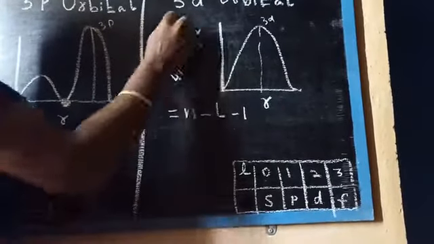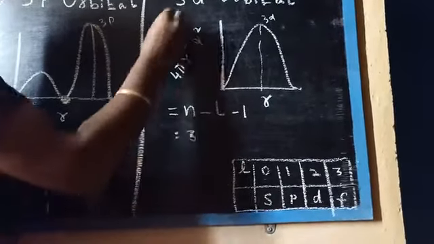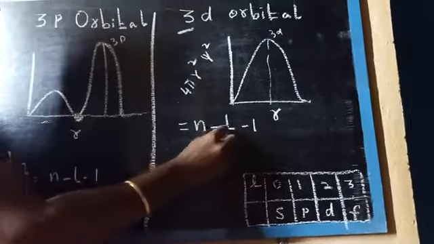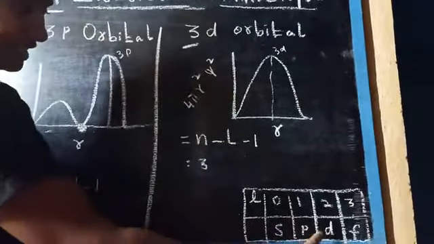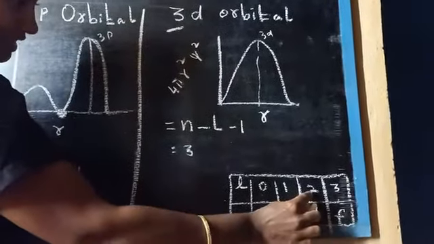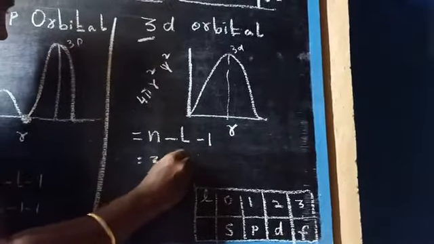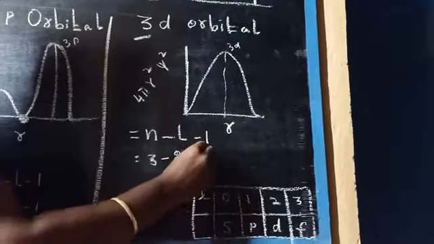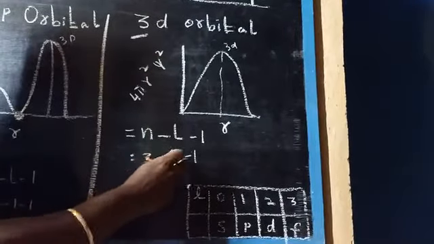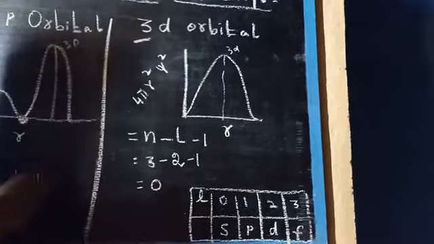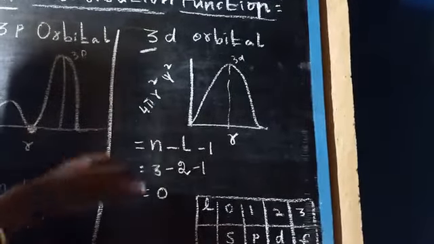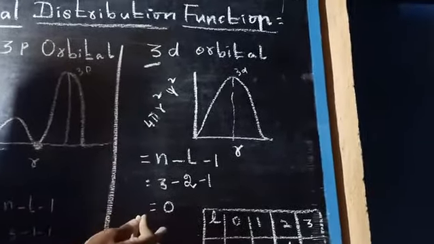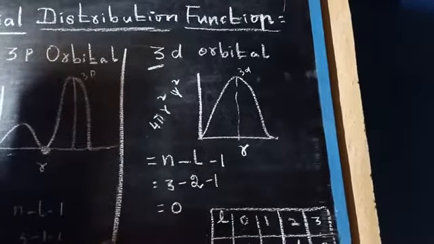The n value is 3. The l value is taken from the d orbital. For the d orbital, what about the l value? 2. Next minus 1. So the answer is 0, that is no node. Even the graph shows no nodes in the 3d orbital.